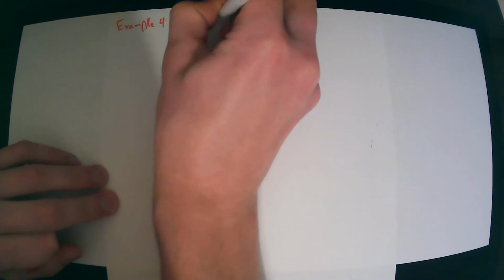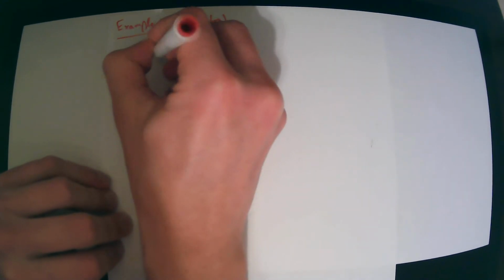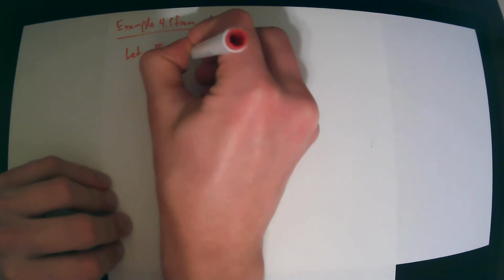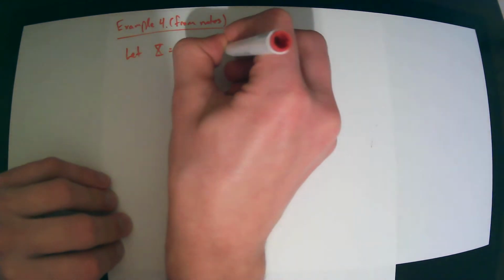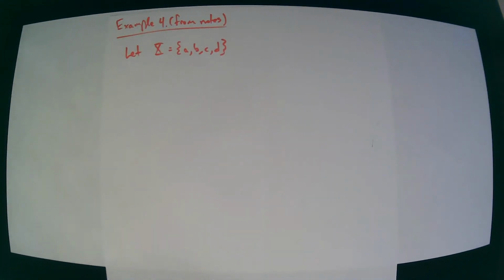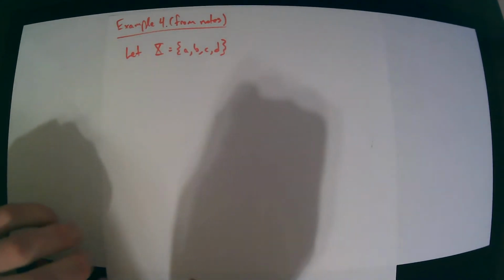Now let's do example 4 from the notes. Example 4 says, let capital X equal the set ABCD. Is Y equal to ABC a proper subset of capital X?